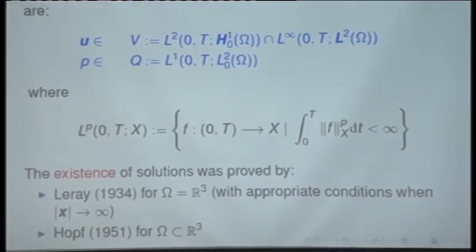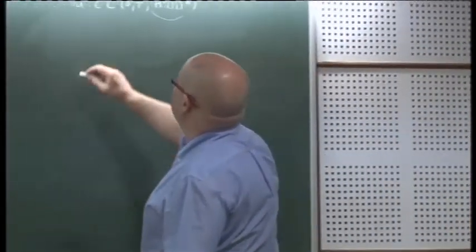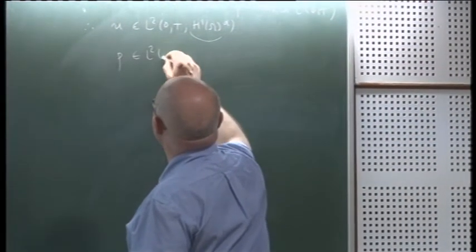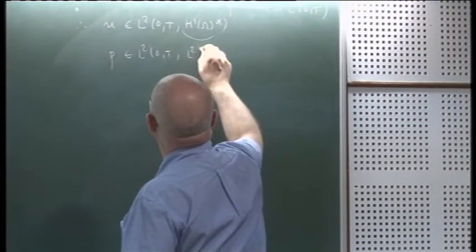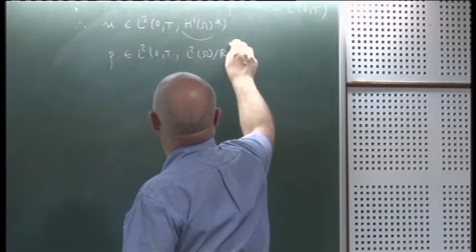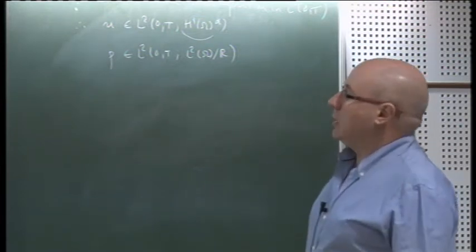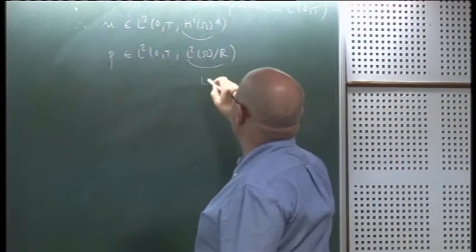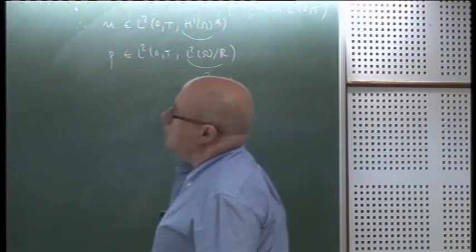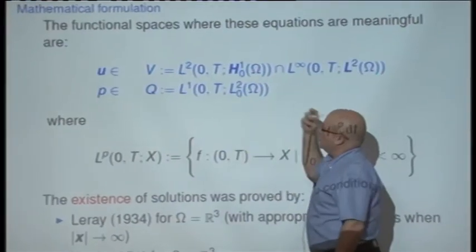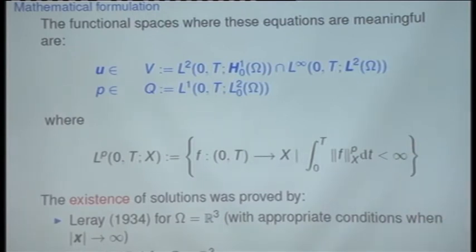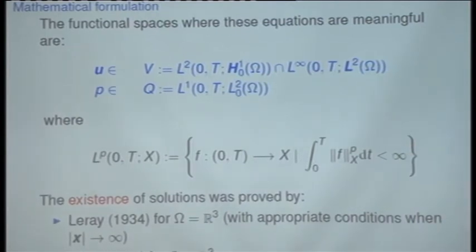So this is the space Lp in time of functions in space X. Is that clear so far? Any question? What about pressure? Pressure has to be L2 in time with values in L2 in space modulo constants. By the way, sometimes this space is called L2 omega 0. That's a shorthand notation for what I said. Okay? Good.